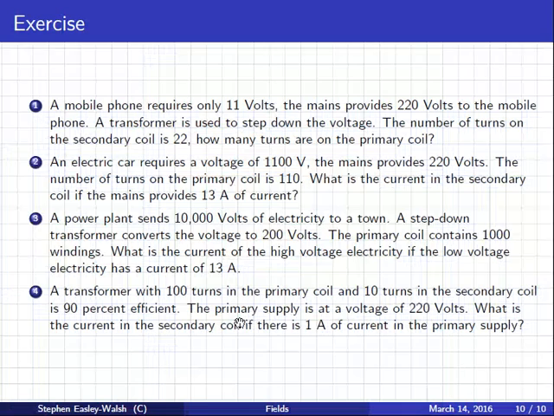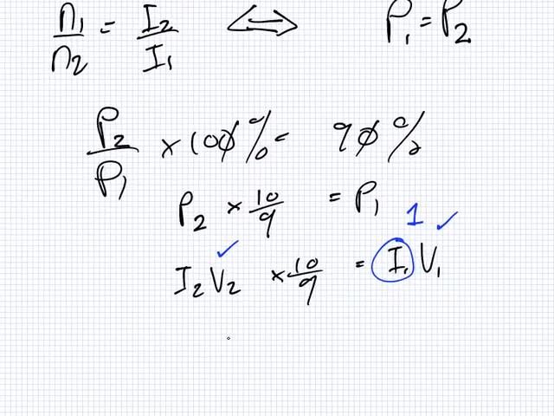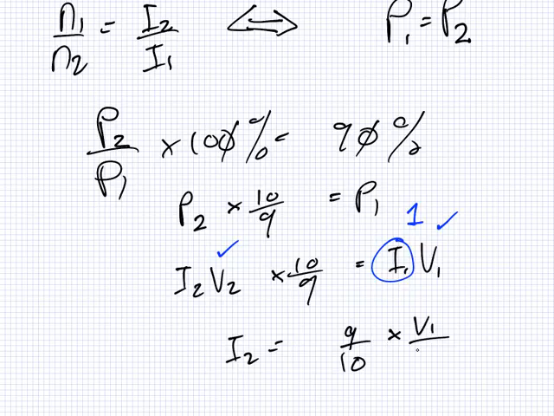What am I asking you for? I2. I know the I1. I1 is 1. So then I2 would be 9 over 10 times V1 over V2 times I1.